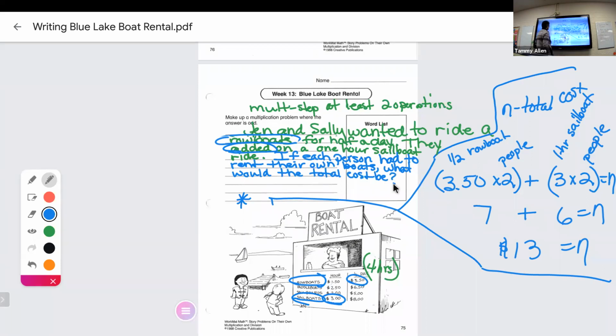Question mark. Are there any vocabulary words in that? Total, is there anything else in that? Each would have been in there, yeah, each or total. So we've got 3 words in, okay? Does that make sense? All right. Questions?